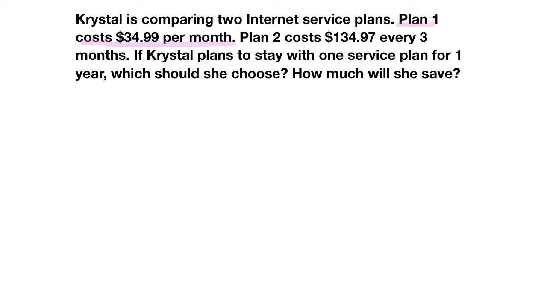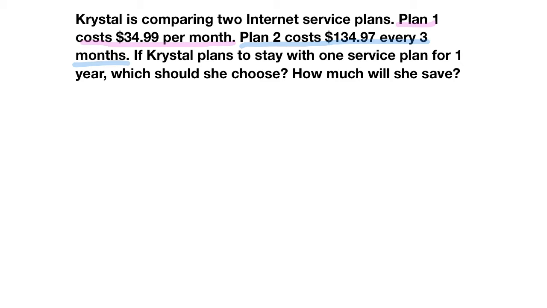Plan 2 costs $134.97 every 3 months. This is a rate, but not a unit rate, because it doesn't tell us for 1. If Crystal plans to stay with one service plan for 1 year, which should she choose, and how much will she save?